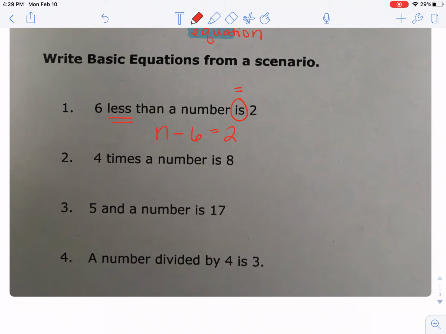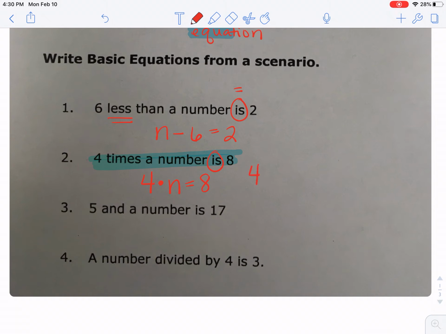Let's go on. So for the next one, we're looking at 4 times a number is 8. So 4 times a number, and is our equal sign, is 8. I think that we could write this a little bit better in algebraic language.